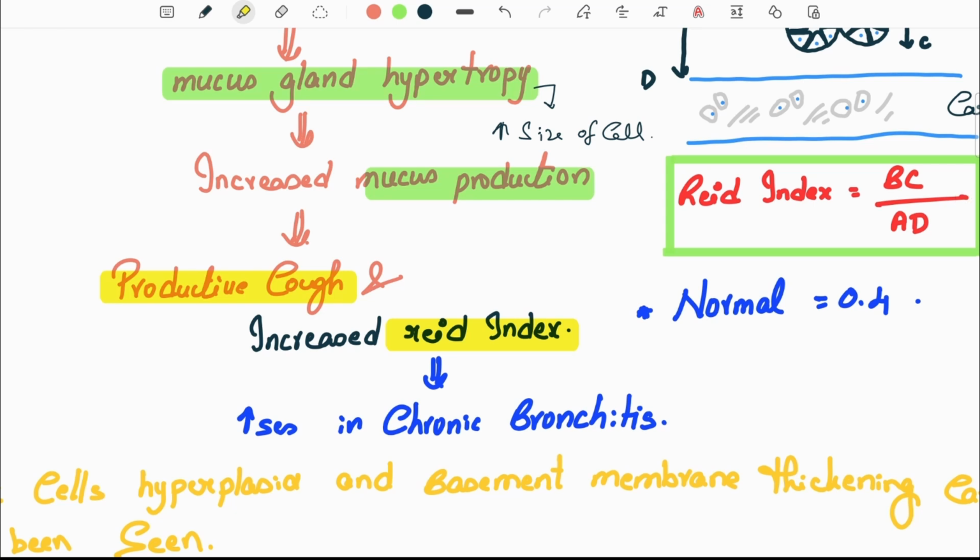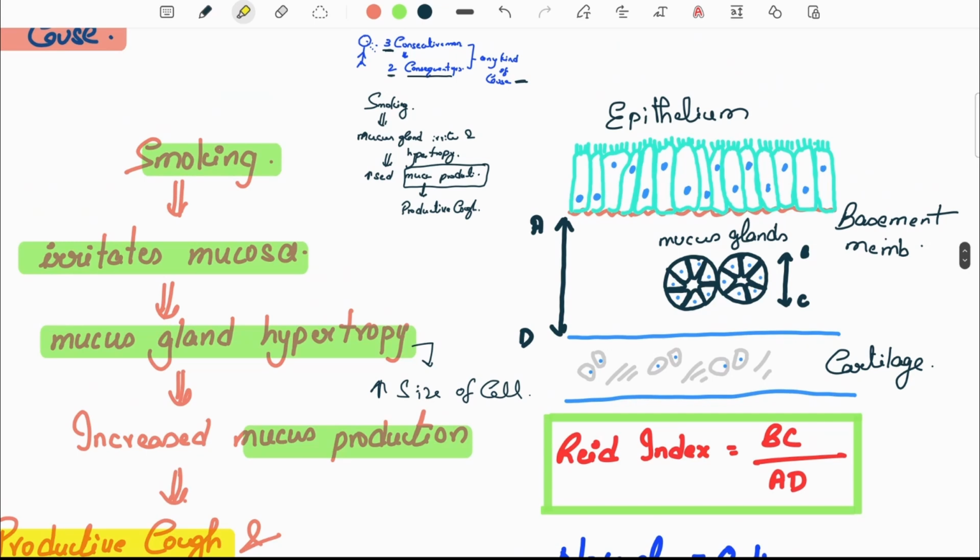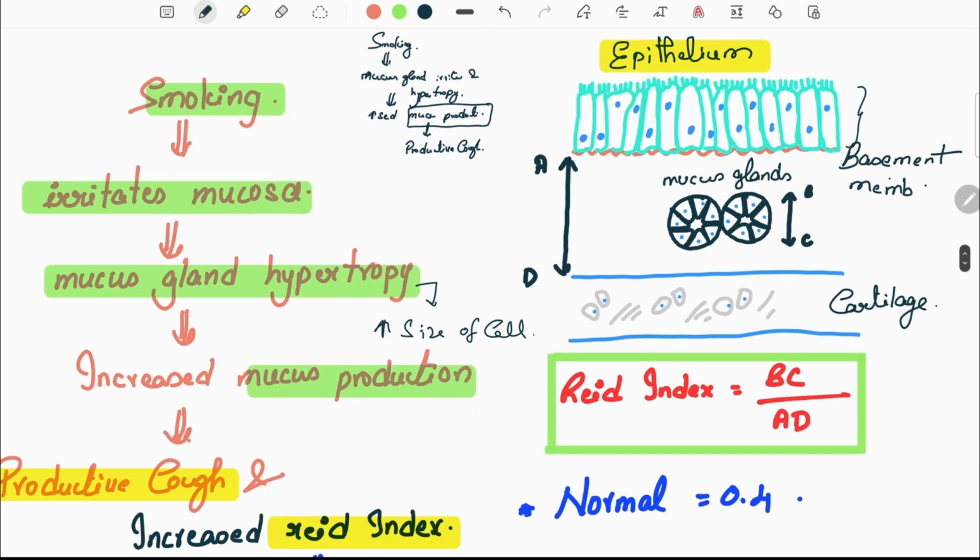So it is very important to know what is this Reid index. For example, let us discuss, this is epithelium. So this is the epithelium you are seeing here. Okay, this is the basement membrane, these are the glands, and this is the cartilage. Okay, and the Reid index formula is the ratio of the mucous gland to the distance between the basement membrane and the cartilage.